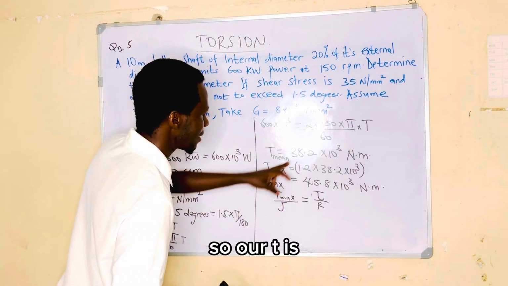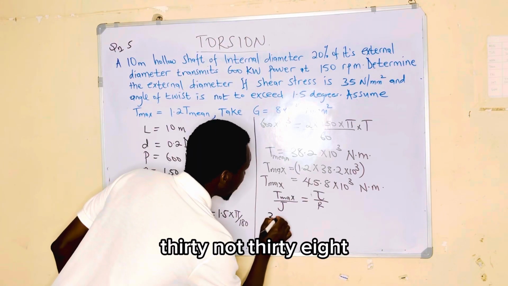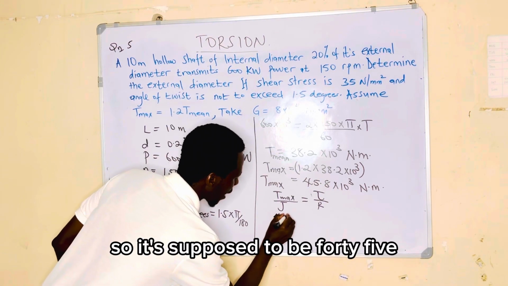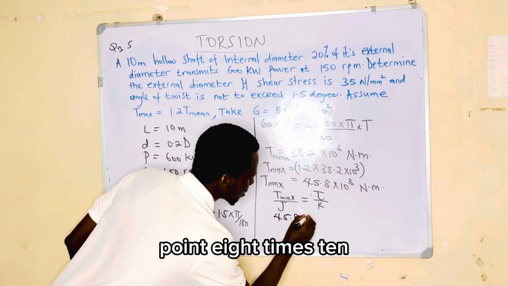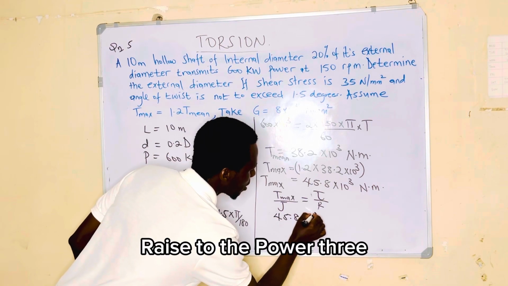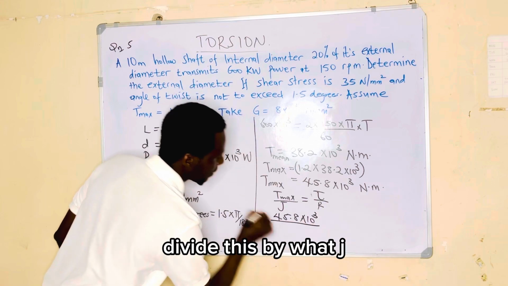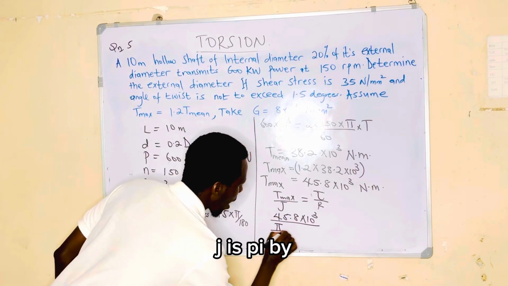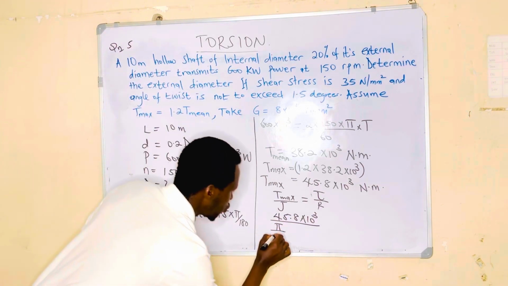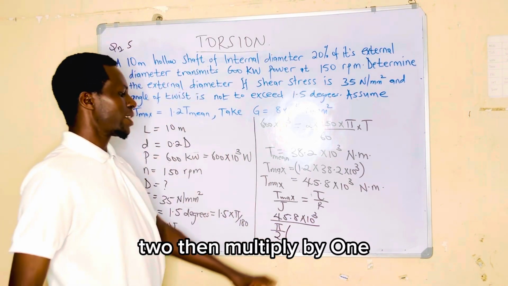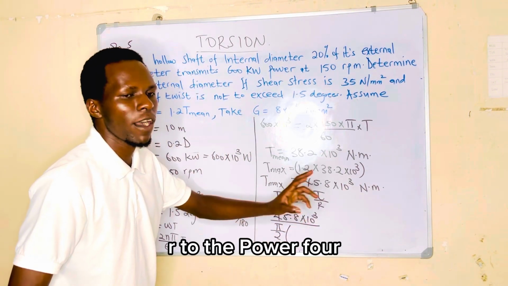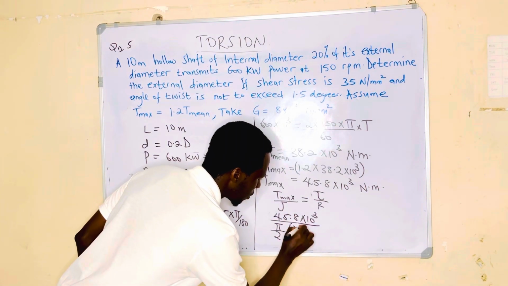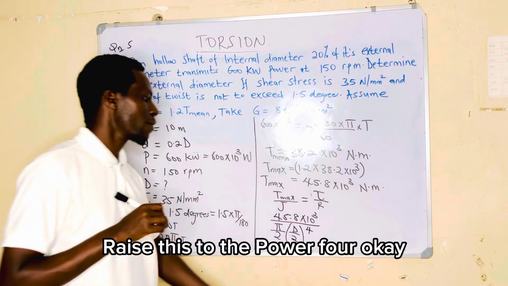So our T is not 38 now, we are using T maximum, so it is 45.8 times 10 raised to the power 3, divided by J. J is pi by 2 multiplied by R to the power 4, but R is the same as D divided by 2, raised to the power 4.